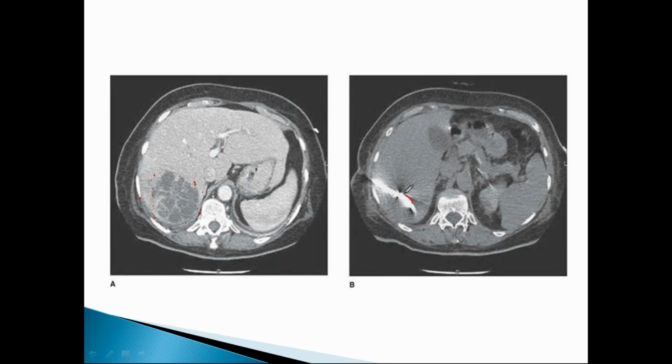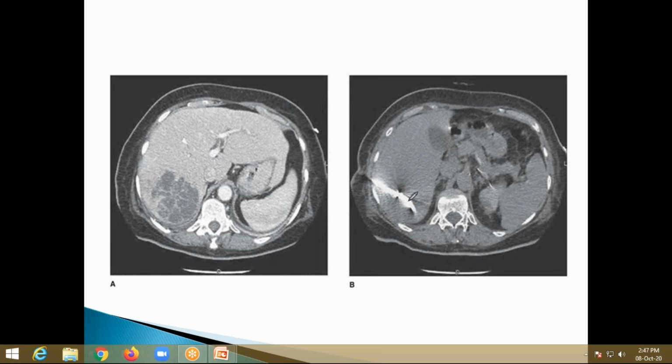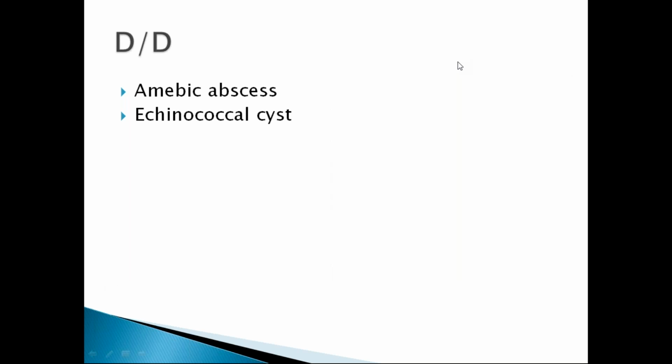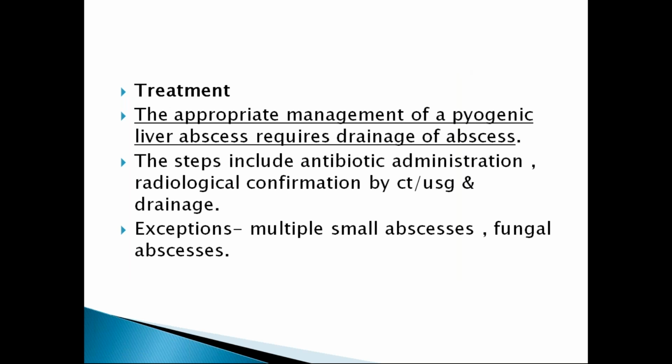And what you see here is a PIG tube. An ultrasound guided tube was placed, and this is how exactly it looks on CT. The differential diagnosis is echinococcal cyst and amoebic liver abscess. Treatment is appropriate antibiotics and drainage. The indications and contraindications for drainage are the same in amoebic and pyogenic liver abscess.